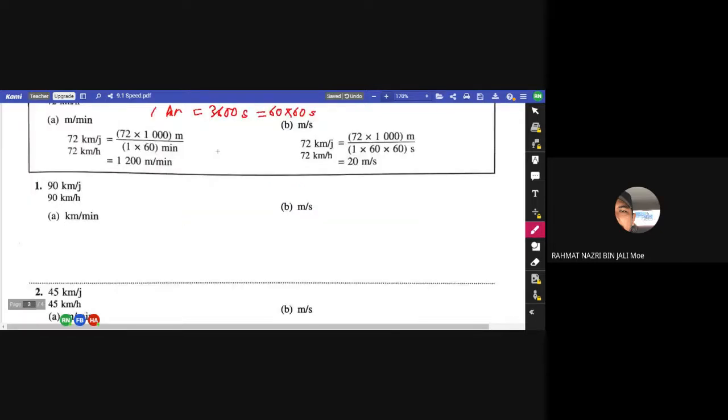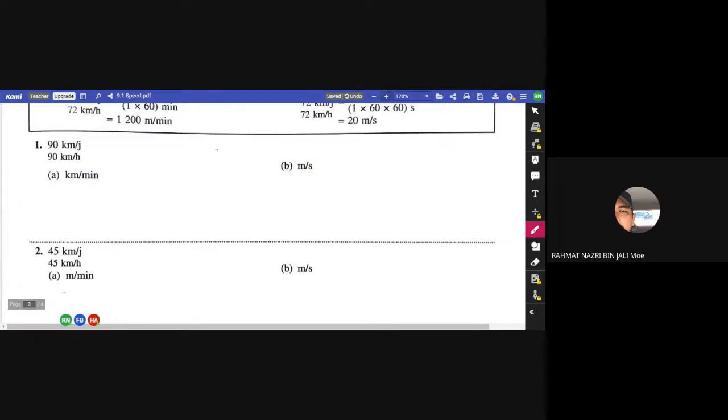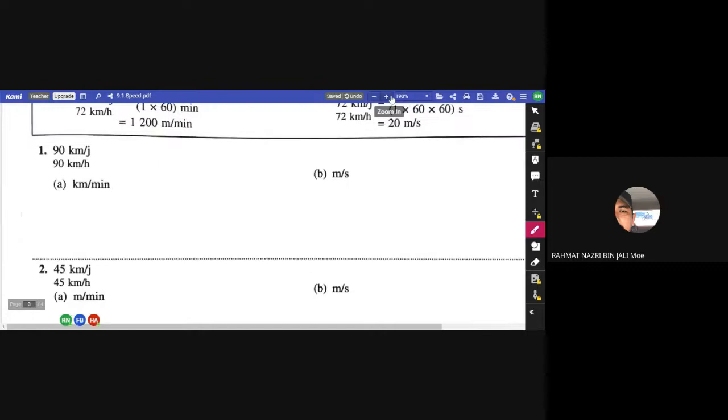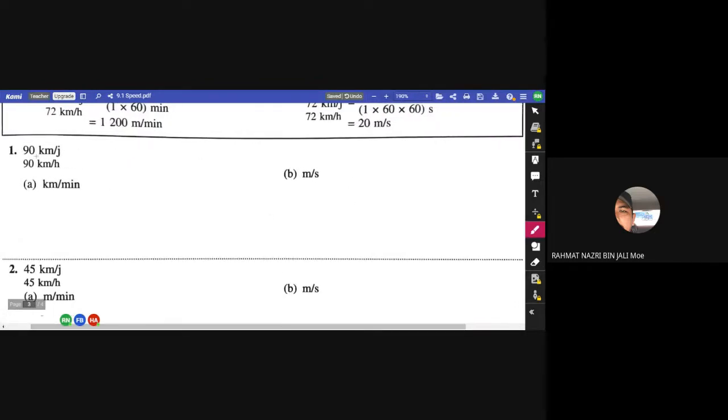Okay, now question number 1. Let me zoom in. Question number 1, 90 kilometer per hour, convert it to kilometer per minute. So the distance no need to convert, but the time, we have to convert it from hour to minute.